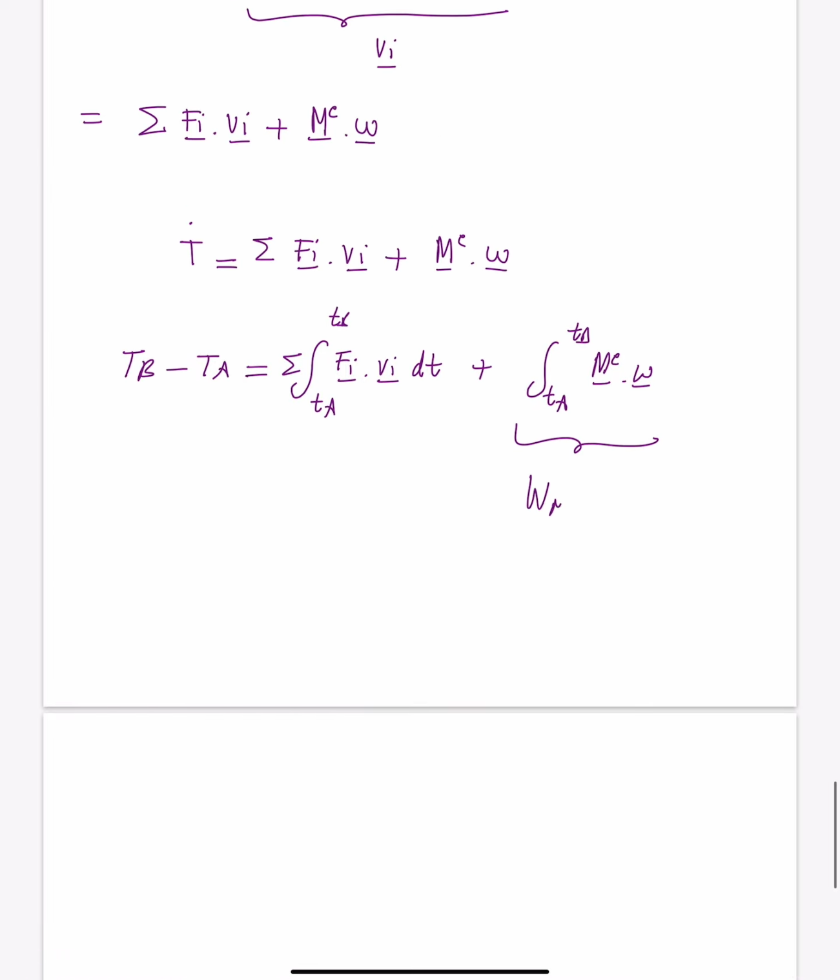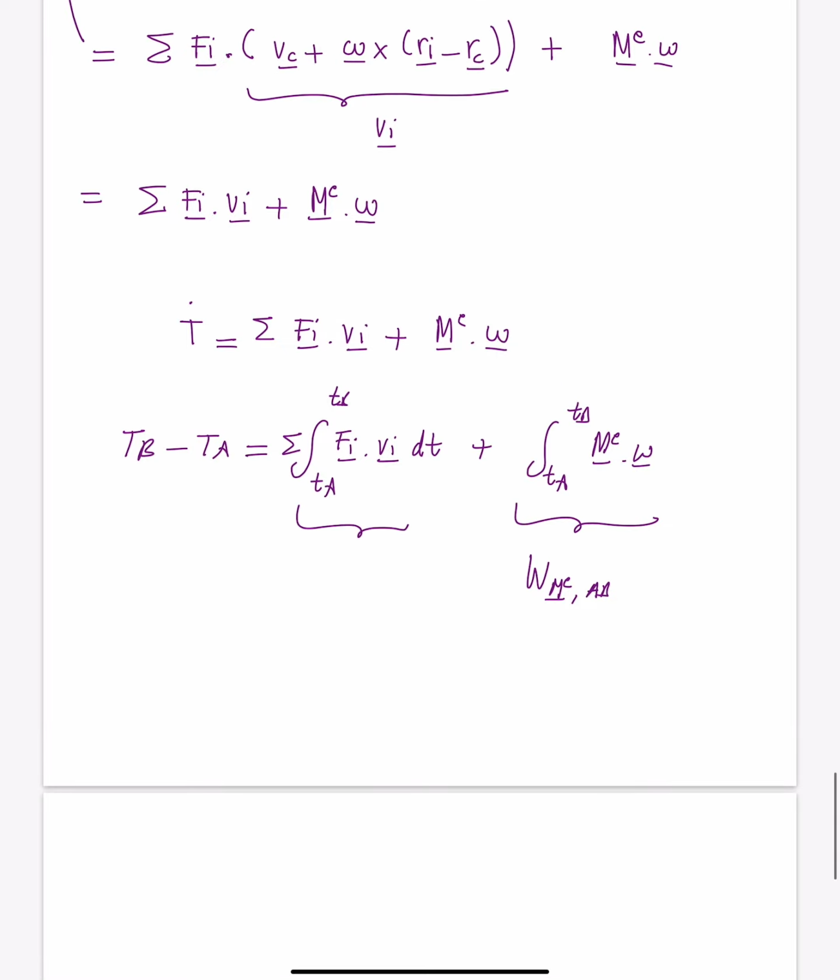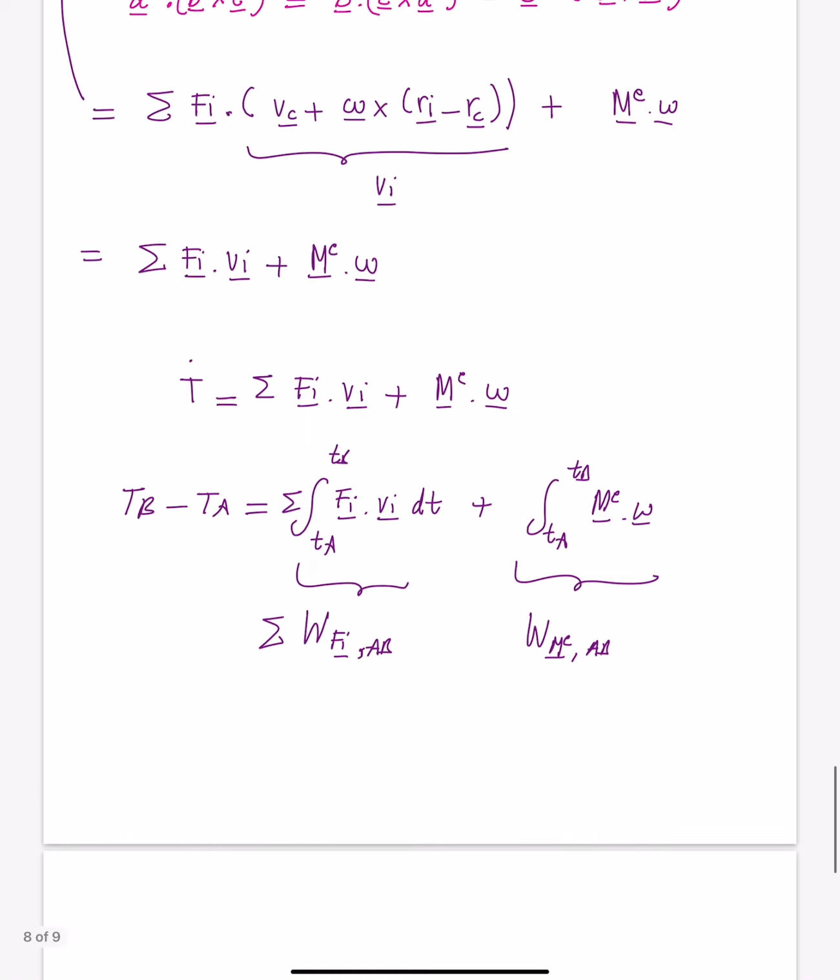That's just the work of the couple from A to B. And that's just the sum of the works of the individual forces Fi from A to B. Again, remember that to calculate the work of the force, you dot the force with the velocity Vi of its point of application. That's very important. Okay, and that's it for this derivation. Thank you.